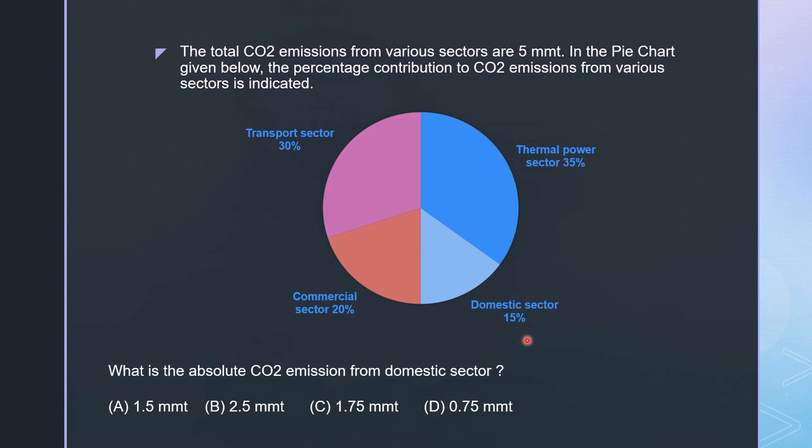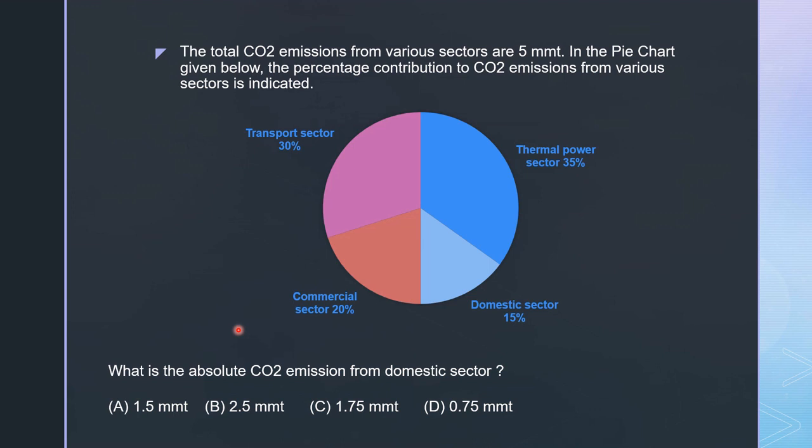So the domestic sector emitted 15% CO2 and the total CO2 emission from various sectors is 5 MMT. So how do we calculate the absolute CO2 emission from the domestic sector? The calculation has to be based on the domestic sector, 15%.